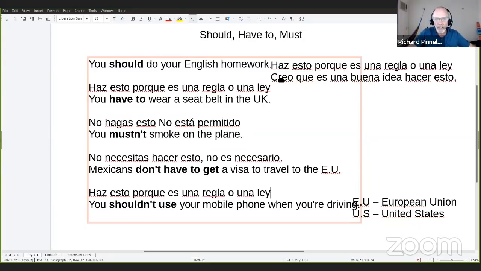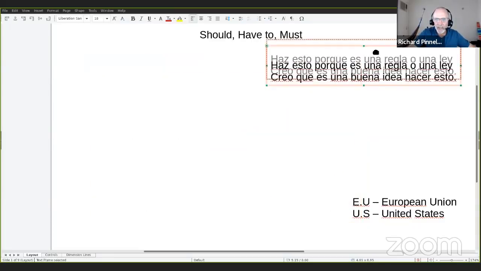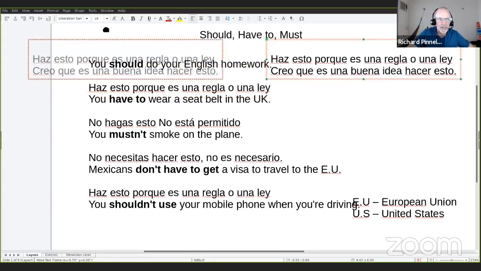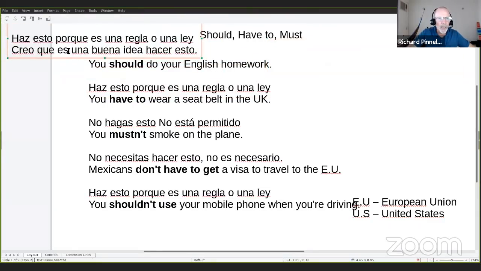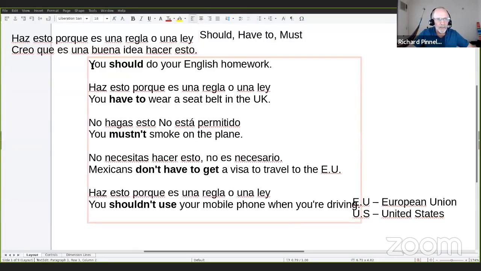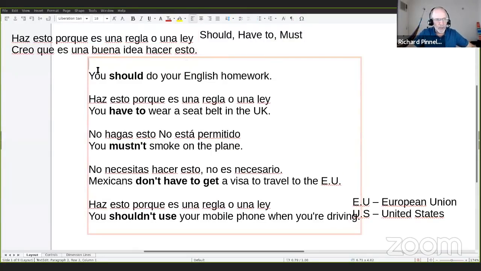And the last one then is, creo que es una buena idea hacer eso. Es la última aquí. So let's put that there and then we can take that off.